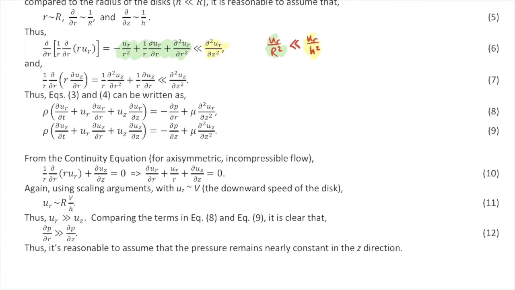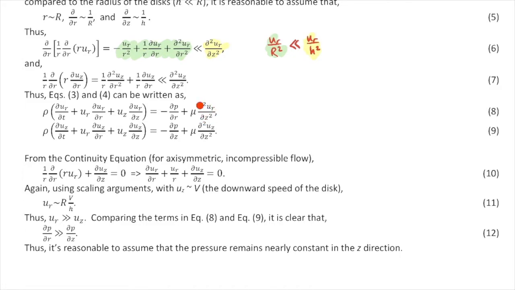So with that in mind, we can go back up and look at these two equations, and what you'll find is that everything in this z Navier-Stokes equation will be much, much smaller. Like all these terms here on the left-hand side will be much smaller than the corresponding terms in the R component of the Navier-Stokes equation. Similarly, this viscous term will be much smaller than the corresponding viscous term in the R component.